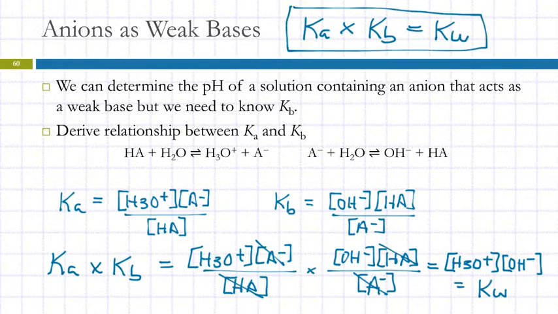What's the value of Kw? 1 times 10 to the minus 14. So if you know one of these, you can find the other. And that's why they don't make tables, because you can calculate it if you need it. Any questions? So up here in the box, you should remember this.